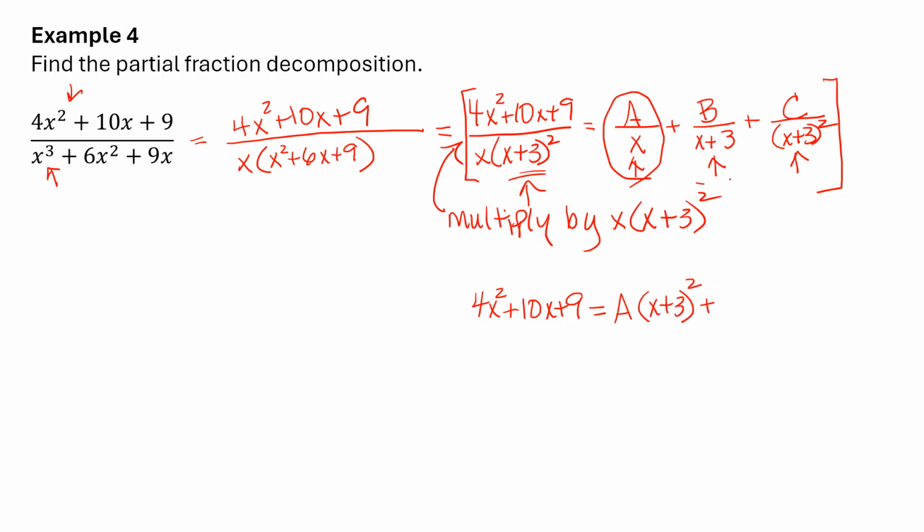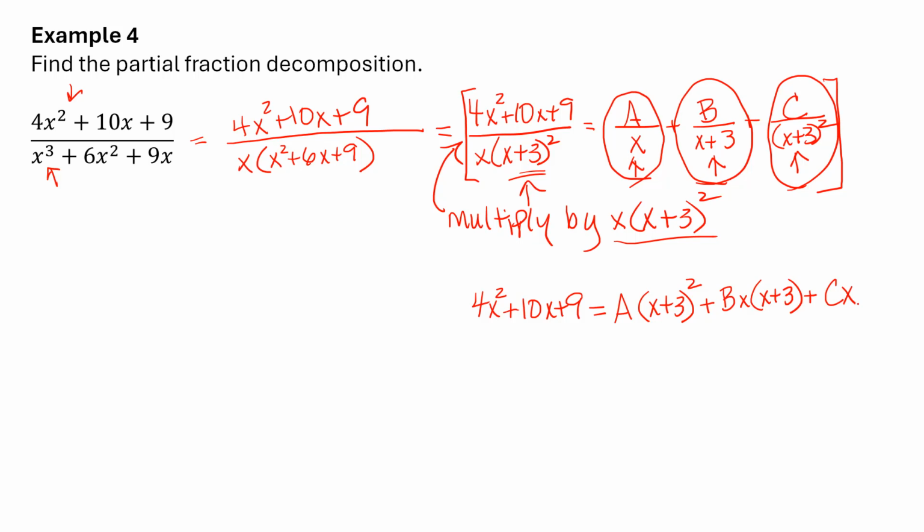When I do the second fraction, one of the x plus 3's will cancel, and I'll end up with bx times (x plus 3). And then when I multiply by the last fraction, the (x plus 3) squared is going to cancel, and I'll end up with just cx.